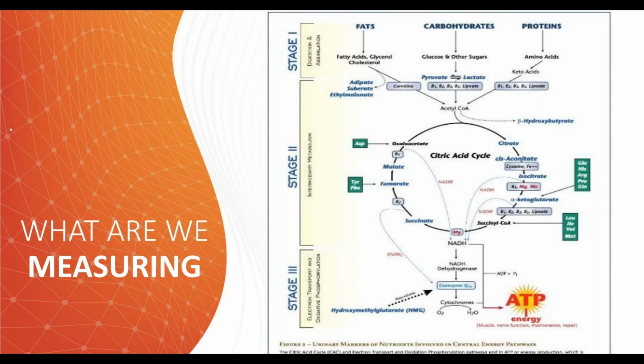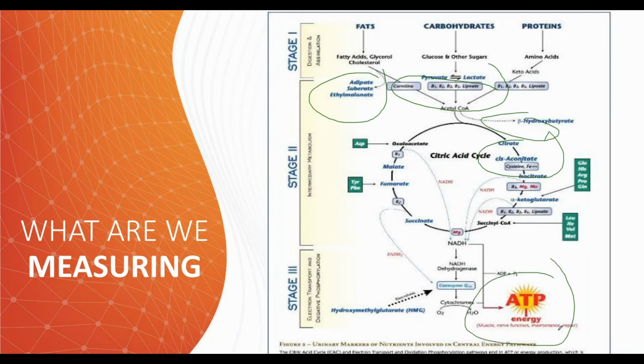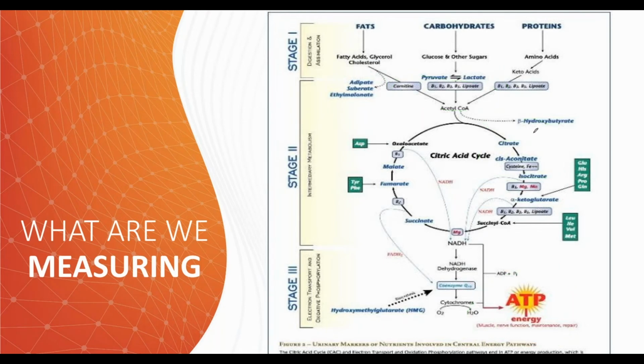So what are we actually measuring here? We're measuring these different phases of energy production, these different stages: adipate, suberate, ethylmalonate, pyruvate, lactate, citrate, cis-aconitate. All these are little steps in energy production, ultimately resulting in ATP. When one of these steps gets blocked, let's say you don't have enough carnitine in the person's body, then these markers are going to build up because there's a block right here.